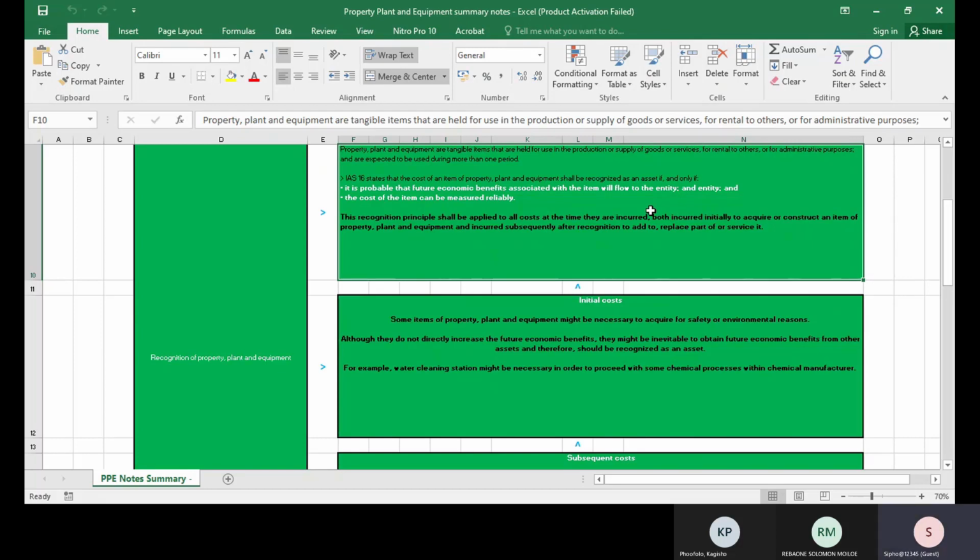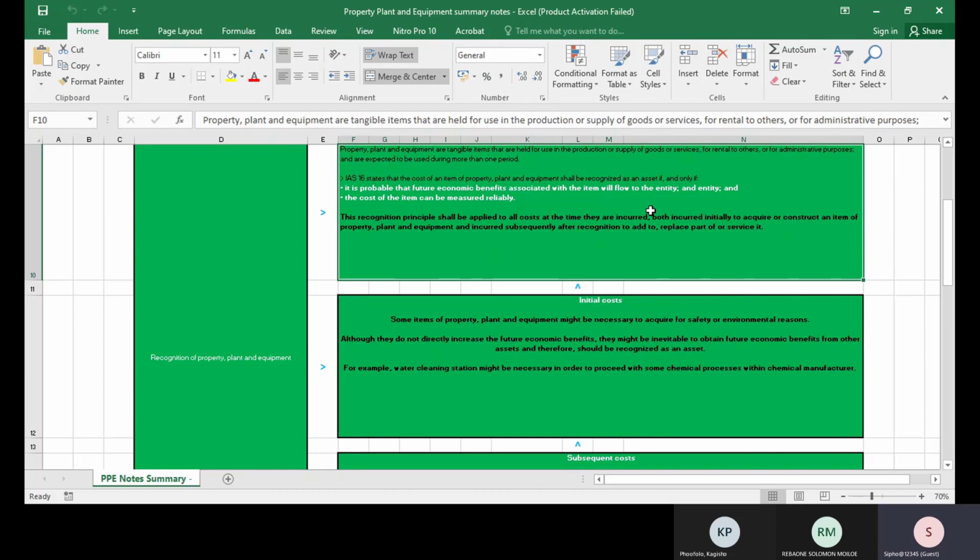You agree with me? And already the past experience would have shown us, because we would have invoiced them. So already in the invoices, you can identify the amount of income that you have already generated before. So it is probable that we will generate future economic benefits in the form of revenue.